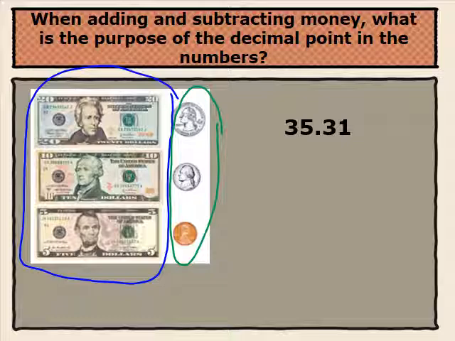So the decimal point separates the cents from the dollars. So in other words, the cents is the part of the whole, which is $1.